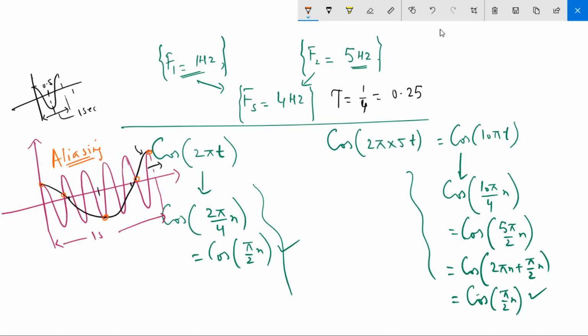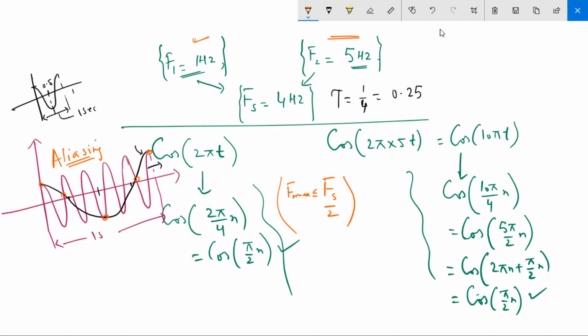Aliasing distortion means two signals, when sampled at the same sampling frequency, give the same discrete signal. And why is this problem happening? Because we have not chosen a proper sampling rate for one signal. If we choose a sampling rate higher than the Nyquist rate, this problem will never come. It means if you have a sampling rate of fs, the maximum frequency of the input signal you are sampling should be limited to fs by 2.